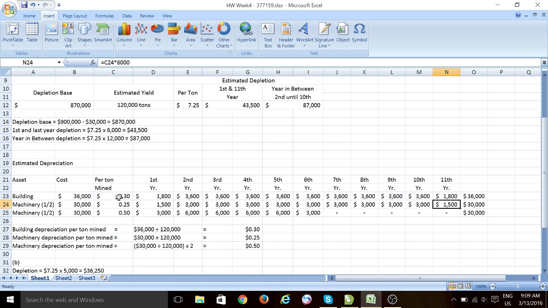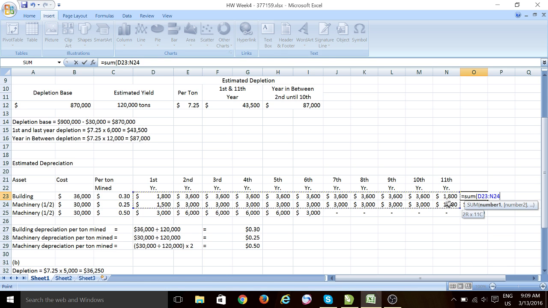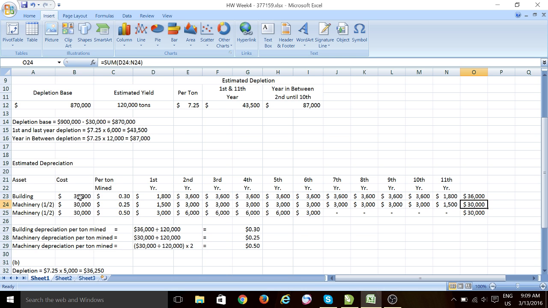We got 1,800. If we sum them up from the first to the 11th year, we are going to have the same value as the cost, so we get 36,000.